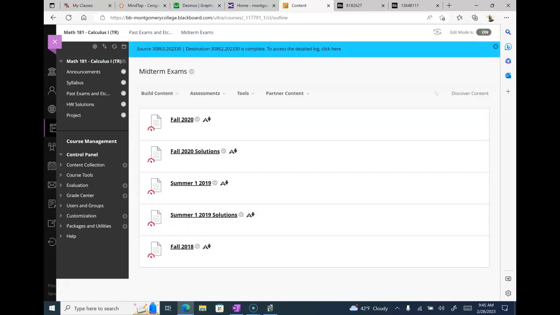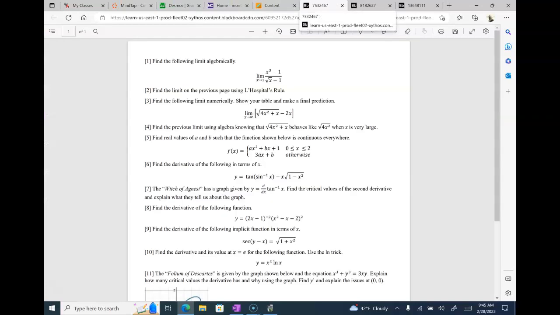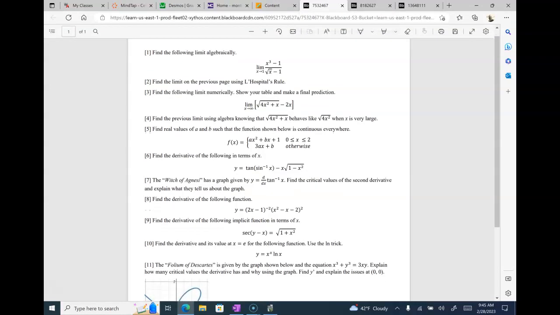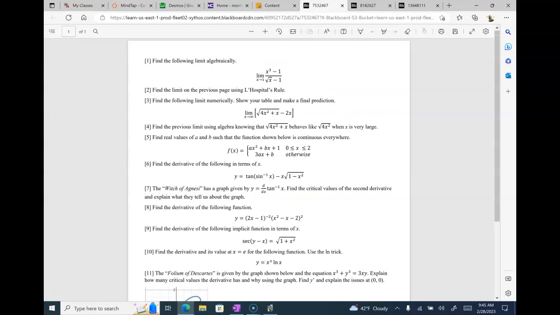Say again? Yes, yes. Don't not use the LN trick. Use product rule though. Let's look at summer 2019. Summer midterm. Don't do 3 and 4.